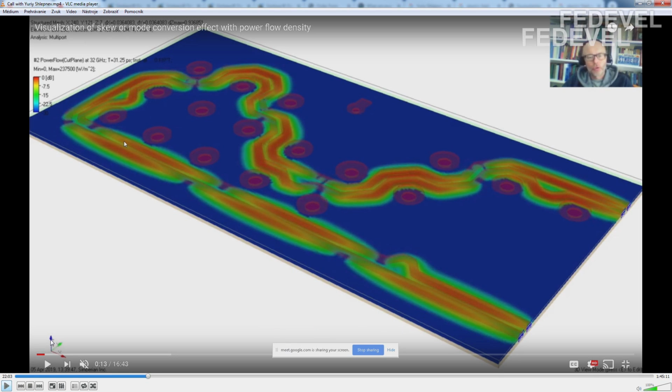Basically, notice how these signals are traveling together everywhere here. It's because here is the bump, so it's almost traveling together. Again, here the tracks are bending, so here is another bump which is compensating the length of the traces.